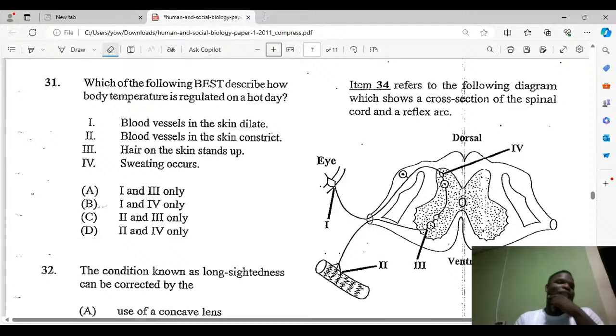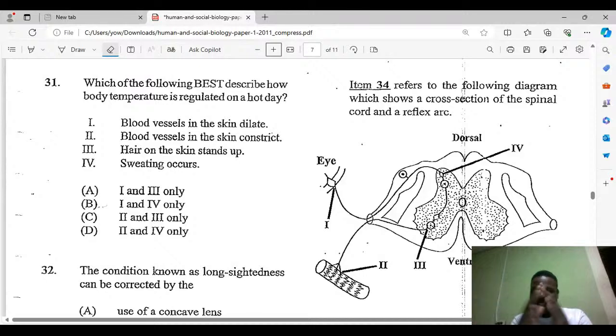All right, guys. So why the answer is B? B as in boy. Because on a hot day the blood vessels dilate. What does dilate mean? It means that the blood vessels widen, right?